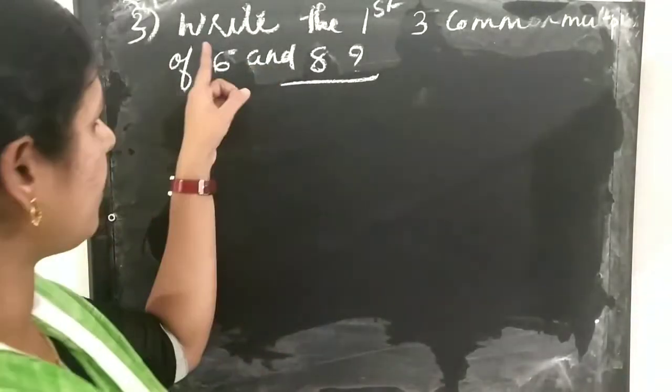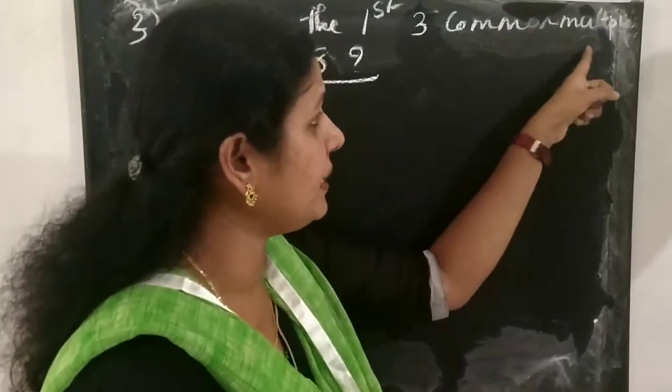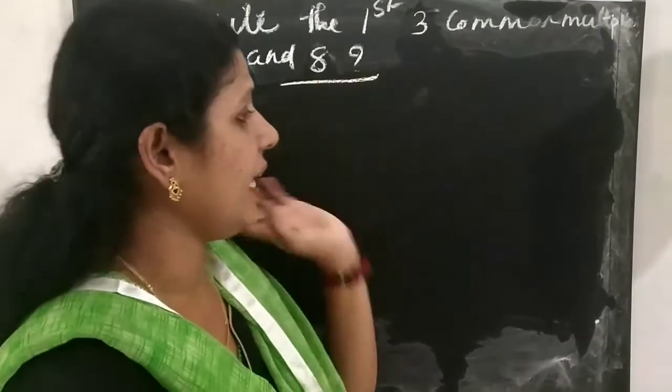Next, the third question is, write the first 3 common multiples of 6 and 8.